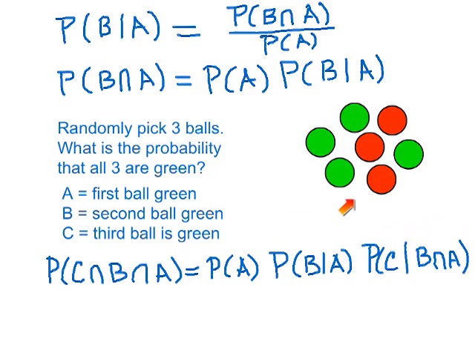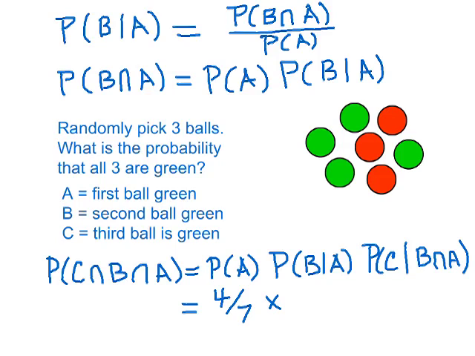So if we take another look at the set of balls that we're dealing with, the probability of all 3 things happening is simply the probability the first, second, and third ball are all green. And that's equal to the probability the first ball is green, which is 4 chances out of 7, times the probability the second ball is green if we know the first one is green.